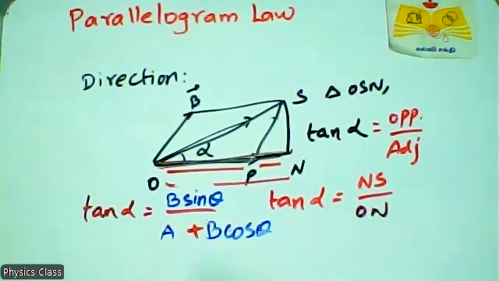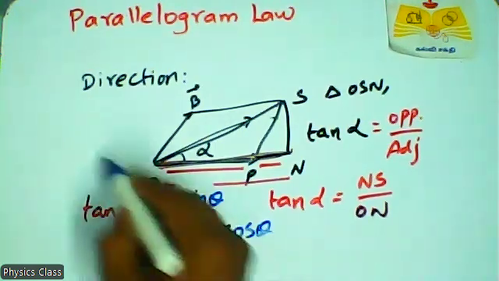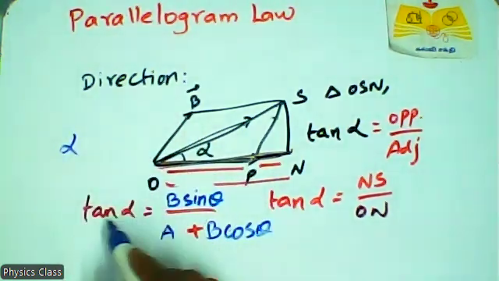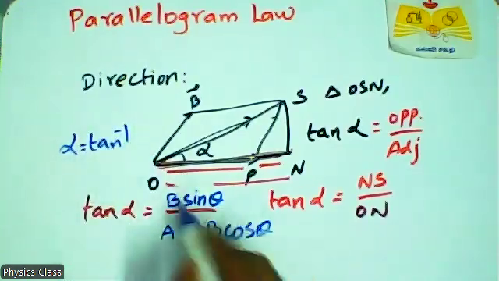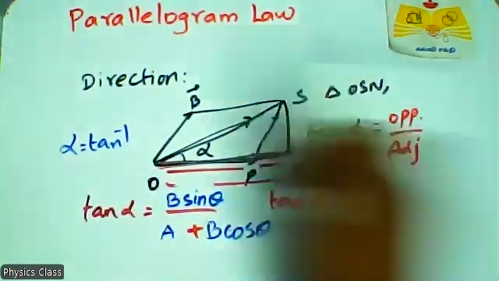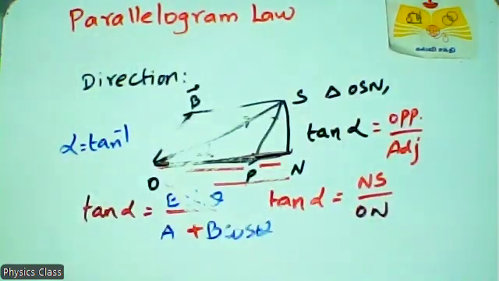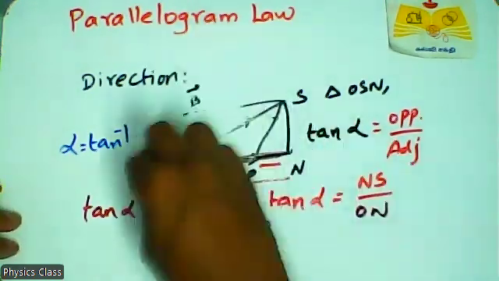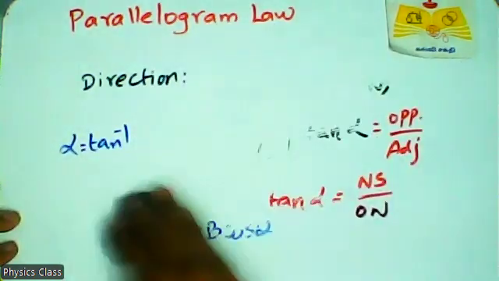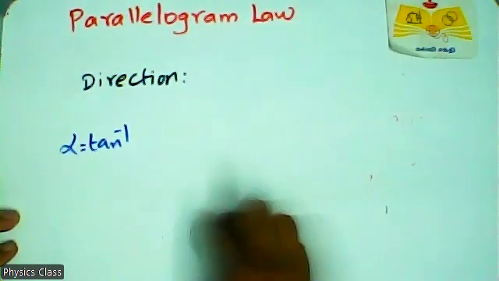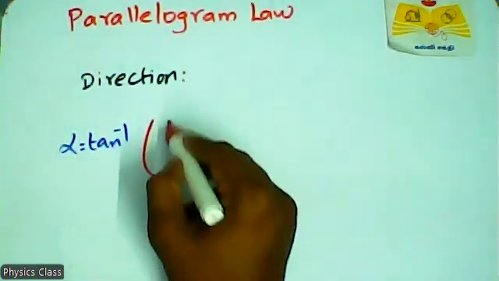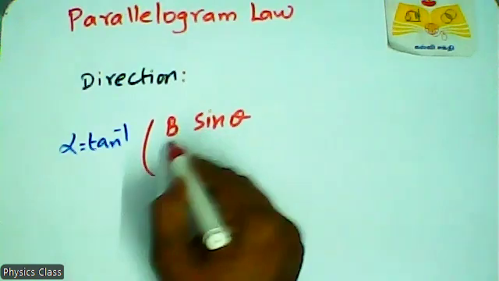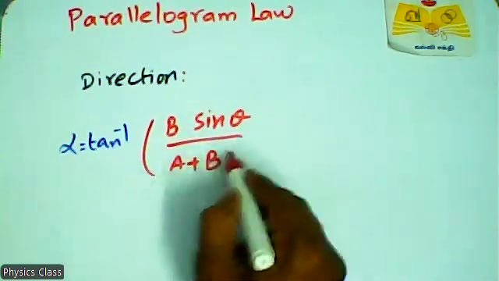So to find alpha, we take tan inverse: tan inverse of B sin theta by A plus B cos theta.